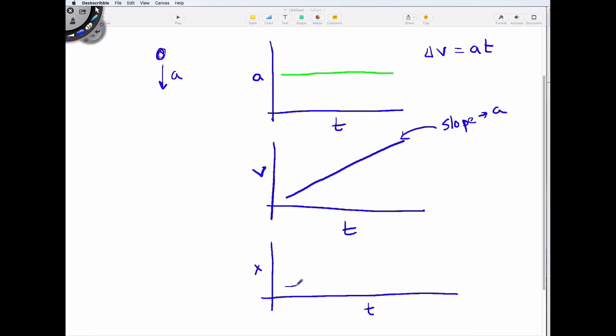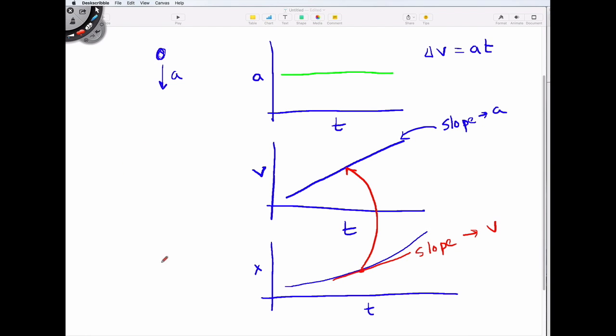And so that means that the position is going to have this kind of hyperbolic curve to it. And that's because the slope at any one point on here is the velocity. So if I imagine a tangent line to some point here, the slope of this line is the velocity.